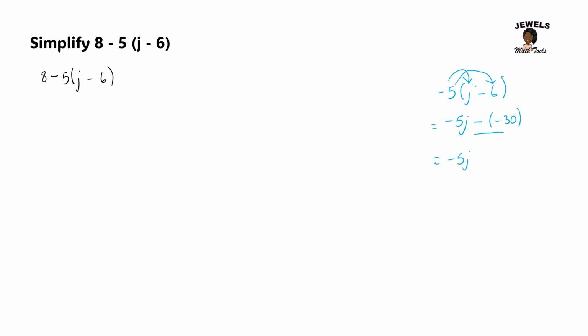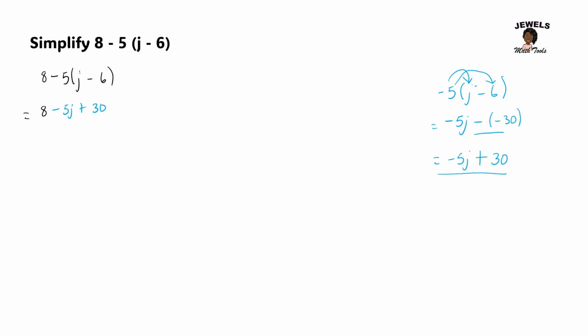So we have a minus and a negative, which will change to a positive 30. So let's plug that back into our equation, and remember that everything that we did not use will also go back because we are simplifying this expression. So we have our -5j plus 30.